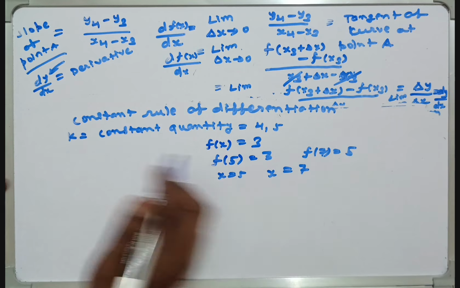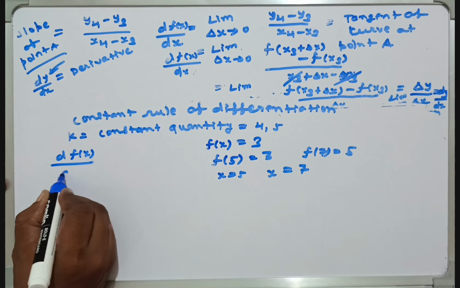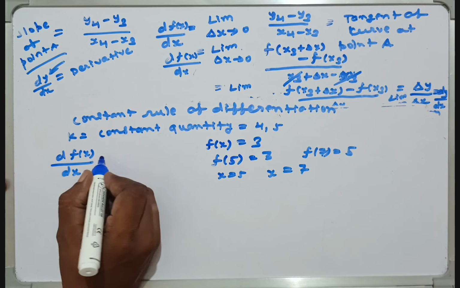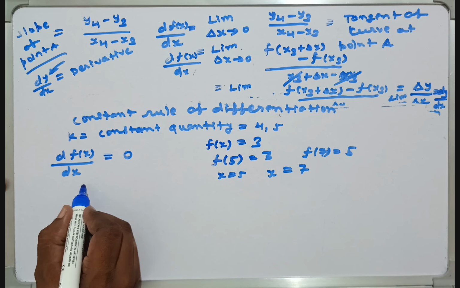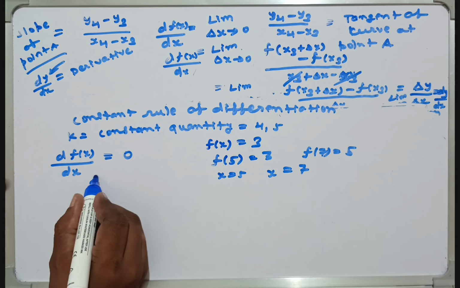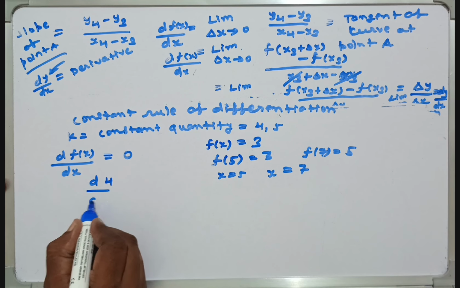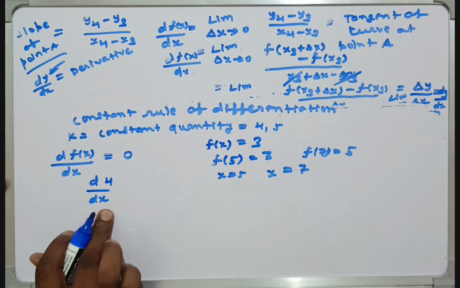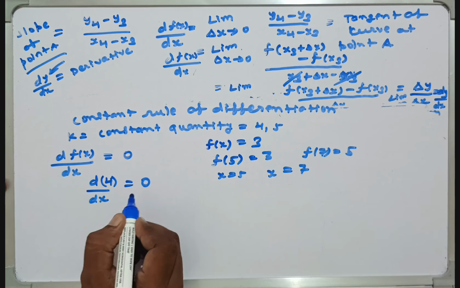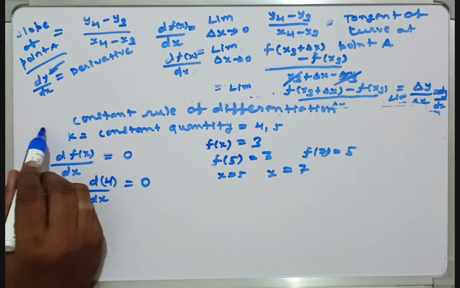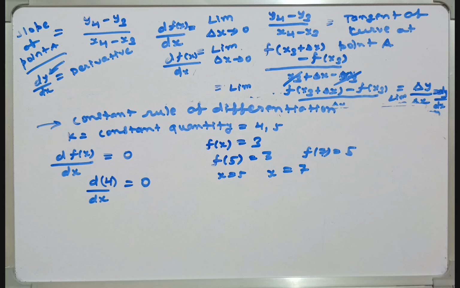So when you take the derivative of such a function, it is equal to 0. In general, for any constant number or quantity, with variable x, we can write its derivative is 0. This is known as the constant rule of differentiation.